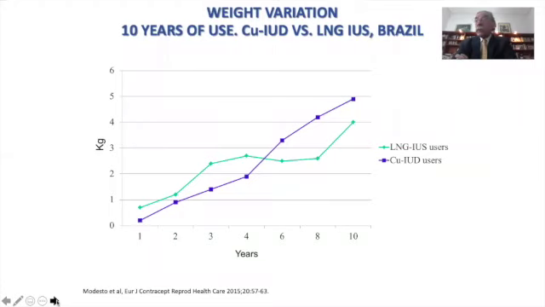In this slide that we published in 2015, both levonorgestrel IUS and copper IUD users up to 10 years increased in weight. Consequently, the weight increase is a consequence of the years that pass, and not exactly of the use of the copper IUD or levonorgestrel IUS, but it is still a reason for discontinuation.